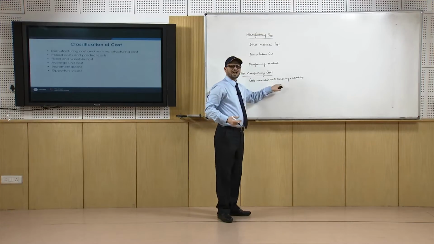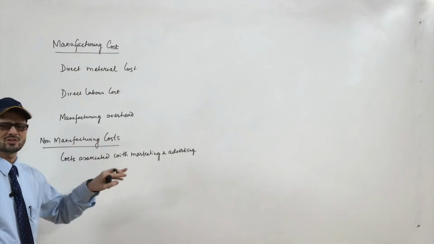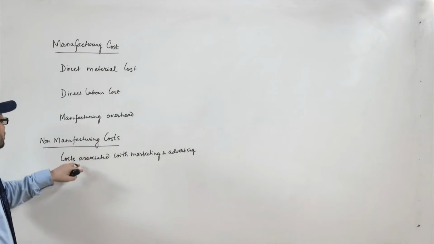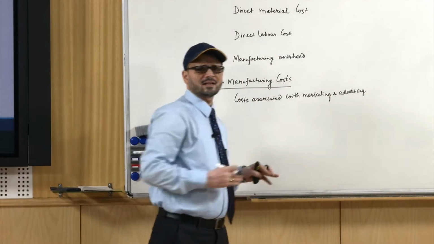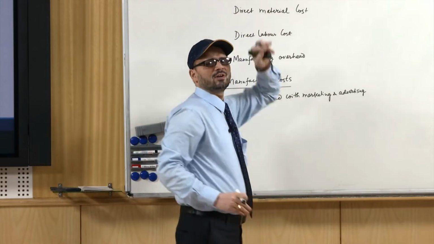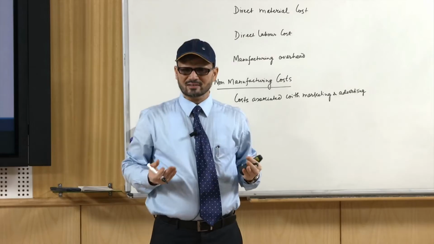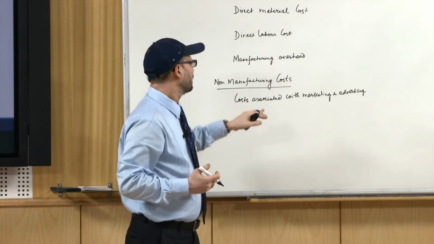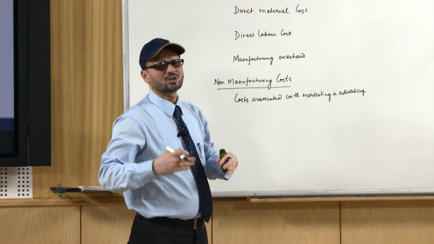All these types of costs are under non-manufacturing costs, because these costs need to be put in a different category. They are not directly related to the manufacturing of the product, however, they are required for selling the product, and selling is also an integral part, because it is the objective of the organization to sell the product.